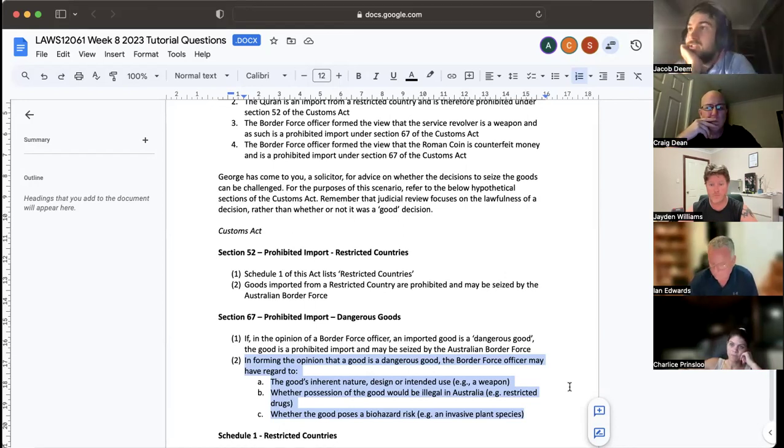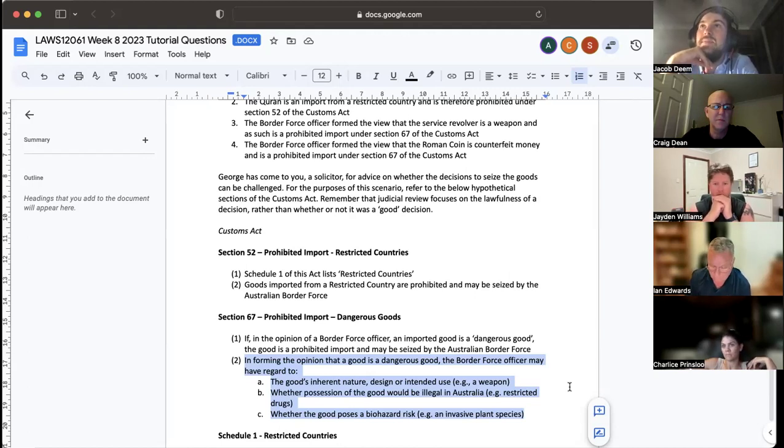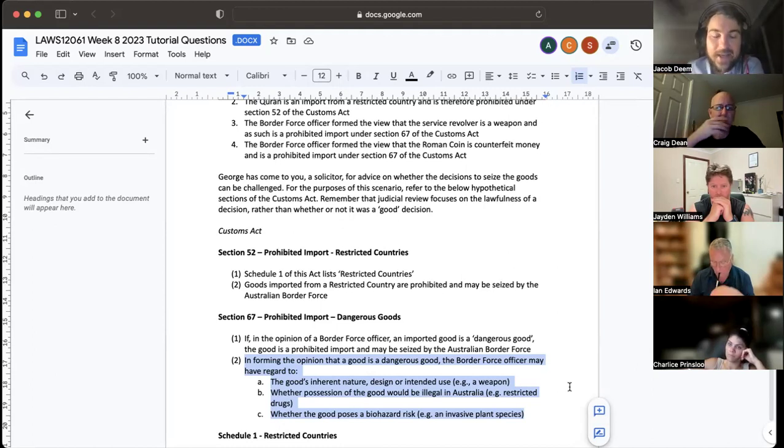Right. Well, so there's a few things here. The first being, these 52 and 67 are not the real 52 and 67 of the Customs Act. These are made up to, I suppose, illustrate the point. And I mean, the difficulty with pulling from real admin law statutes is that they're so layered that we'd spend all term on the one act, I think.